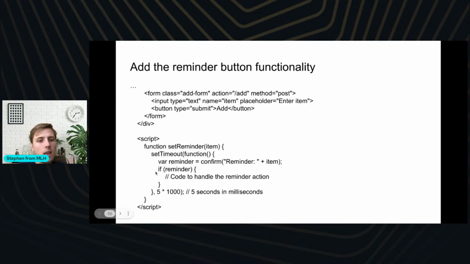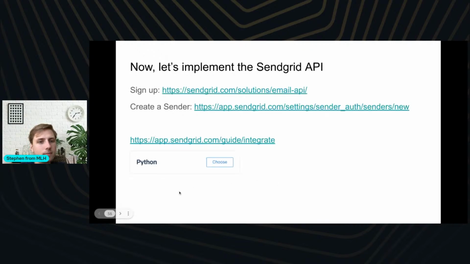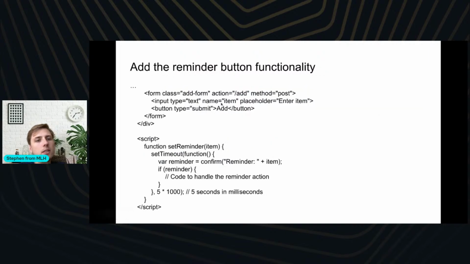If we get this, we could maybe handle the reminder action, whether they say cancel or okay, but we don't actually need to do that. All right, before we do this, I want to actually try this out. Yeah, we don't really need this part actually. So let's try implementing that into our code sample.